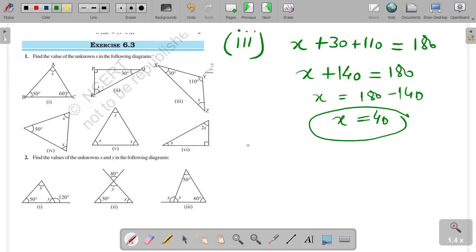Then we move to the fourth part. In the fourth part we can see here both are x.